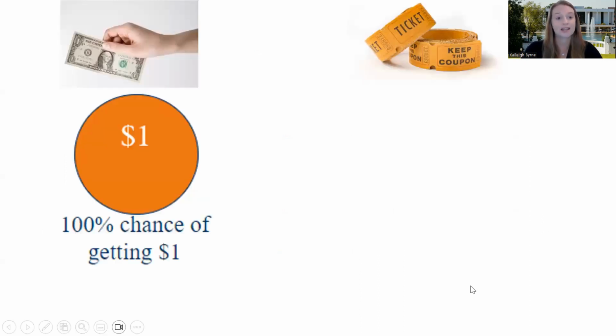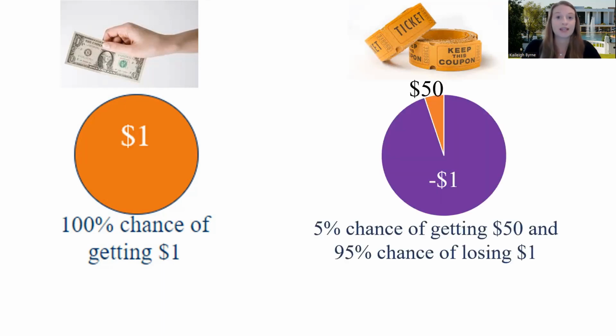Let's look at a second example of whether or not we should buy a raffle ticket. So we're at an event and your friend tells you that if you don't buy a raffle ticket, she'll give you $1 guaranteed. So that's the first option, not buying a raffle ticket, getting a guaranteed $1. The second option is to buy the raffle ticket.